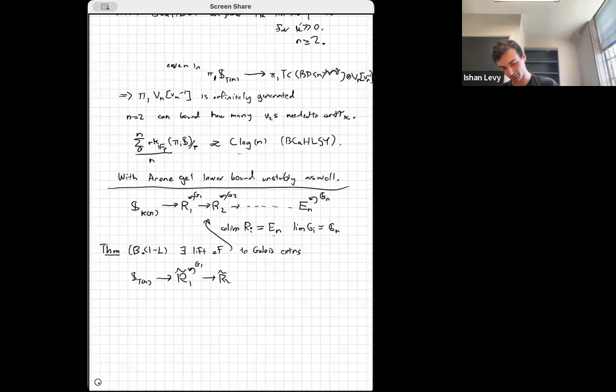Some R2 tilde, again a Galois extension with the same Galois group, and so on. And the co-limit of all the Galois extensions of the Tn local sphere we show is, in fact, again Morava E theory with its action of the Morava stabilizer group.